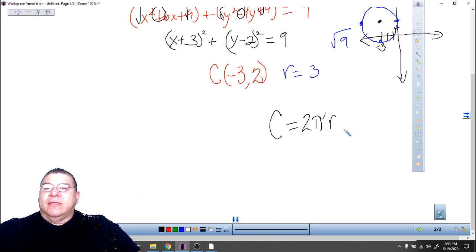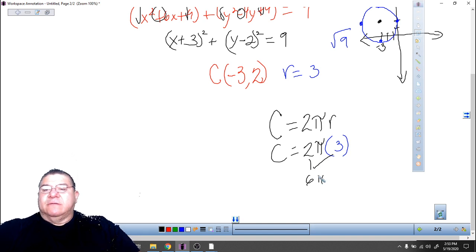Okay. So let's see. Where are we at? So what's the radius here? We said, what was the radius? 3. So here we substitute 3. So we have c equals 2 times pi times 3. So we can multiply these two, so that's 6 pi equals c.